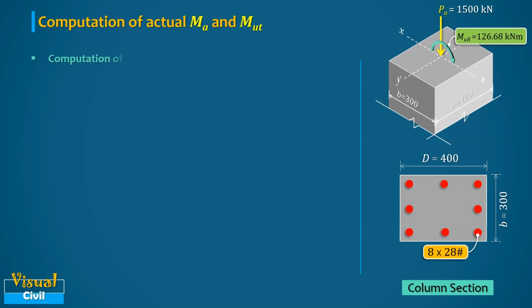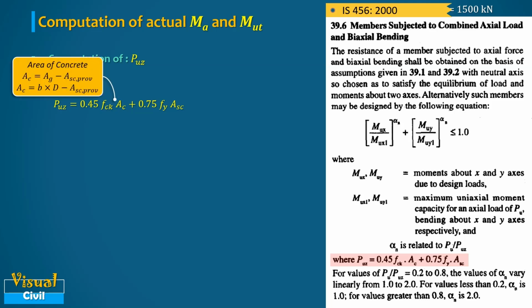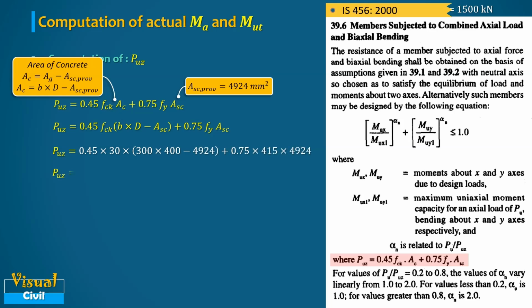So, let us obtain the value of Puz based on the formulation given in clause 39.6. In the expression, Ac is the area of concrete only, and Asc is the area of steel provided. After putting all the values and solving, we get Puz equal to 3086 kilonewton.